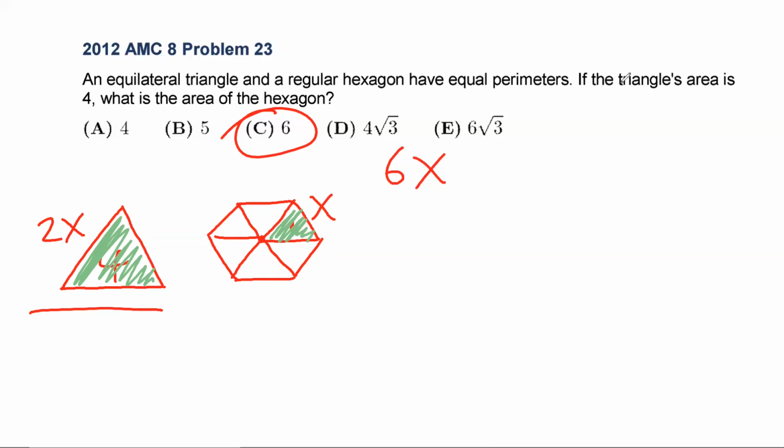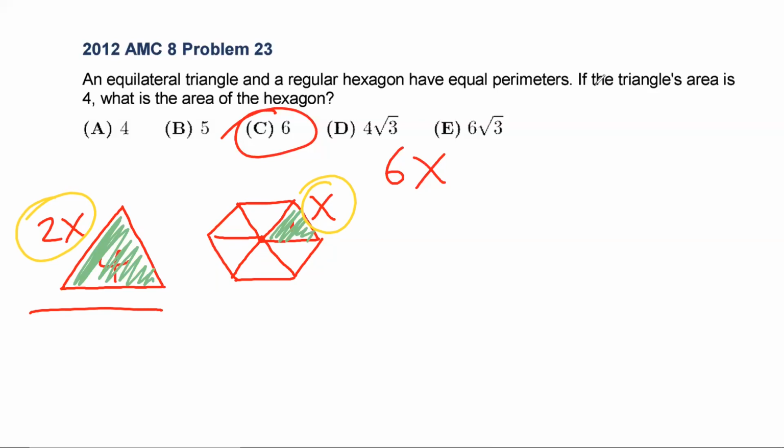Okay, so each side of this bigger triangle is twice the side of the other. So the side length ratio is 2 to 1. So if you square that to get the area ratio, that's 4 to 1, which means that the bigger triangle is 4 times the area of the smaller one.